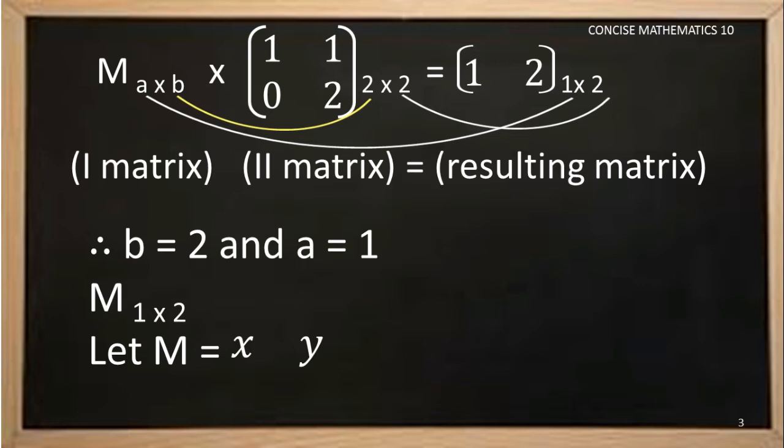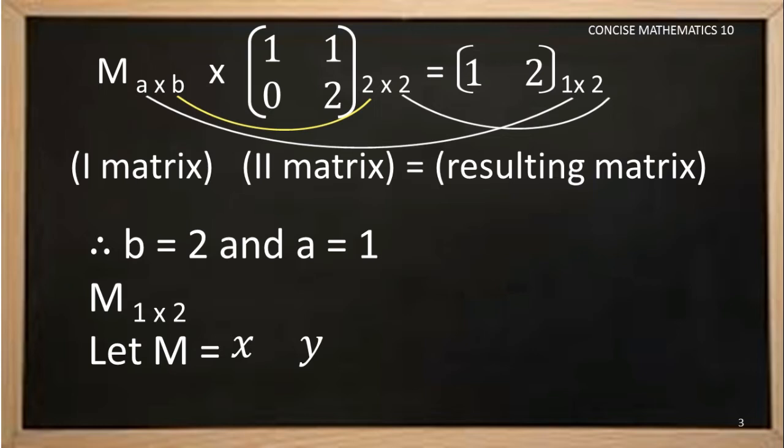Just find out, children, the multiplication process is possible if and only if the number of columns of the first matrix is equal to the number of rows of the second matrix. So hence with this we can know that B is equal to 2. And when two matrices are multiplied, the resulting matrix will be of the order with the number of rows of the first matrix by the number of columns of the second matrix.